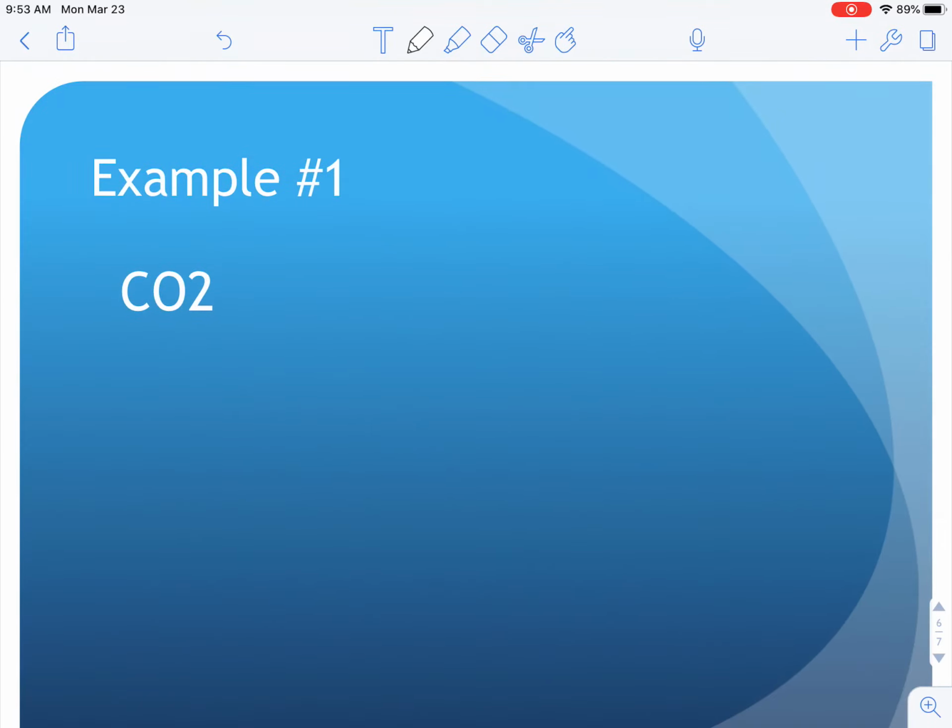All right, so let's try this out. So here we're looking at the compound CO2, right? First thing we're going to do is name the first element. So that first one's C. You'd go to your periodic table, you'd say, okay, that's carbon. Now, if there was more than one of the carbons, we would need a prefix on it. However, there is only one, so we can just leave that blank. Next, we're going to figure out what our next element is, right? We have oxygen here. Remember, oxygen changes and becomes oxide. However, we have two of them, so we're going to need a prefix here.